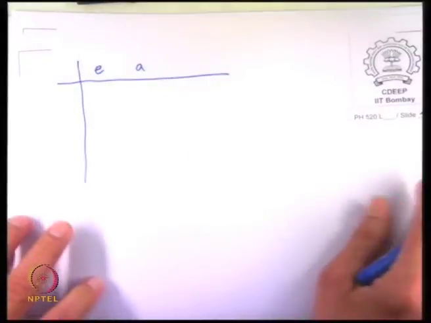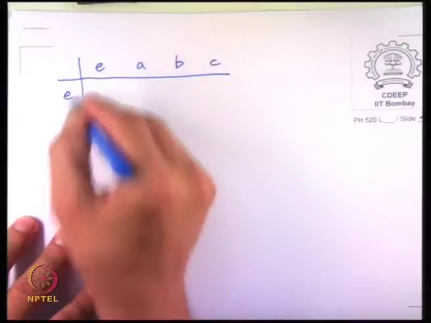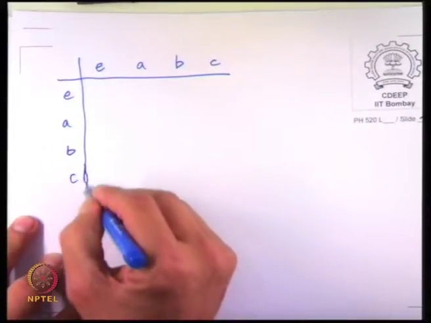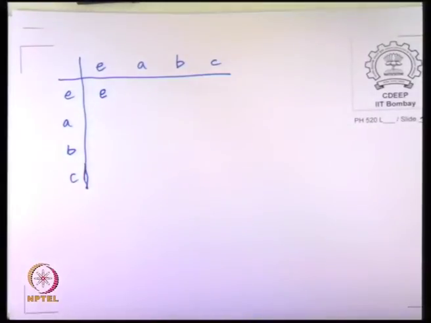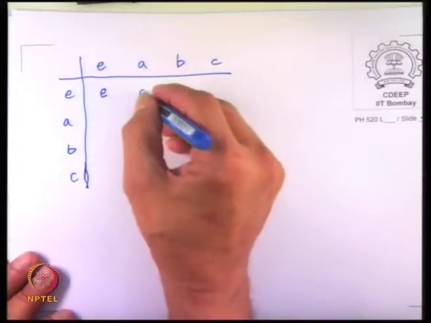So E, A, B and C. So this of course is E, and we can see that the top row and top column actually just repeat the labels above.